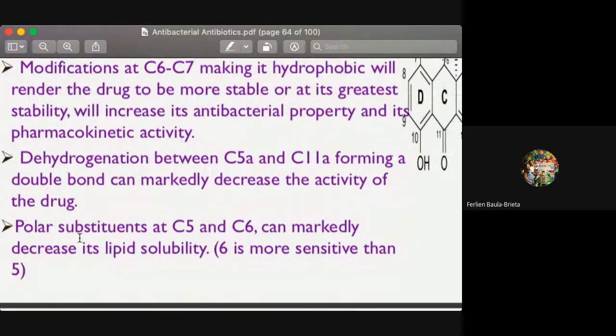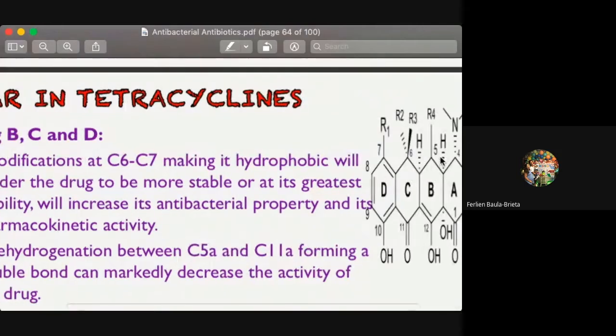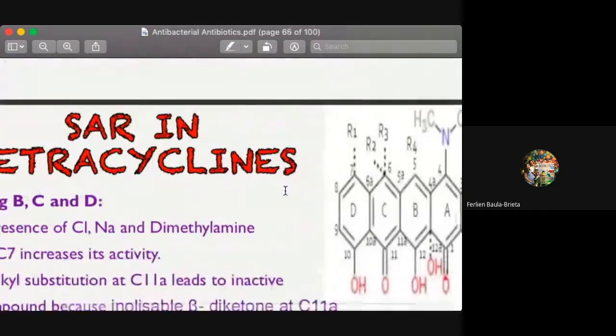And then polar substituents at C5 and C6 can markedly decrease its lipid solubility. So if you add polar substituents in C5 and C6, of course, that will promote polarity, hence lipid solubility will decrease.